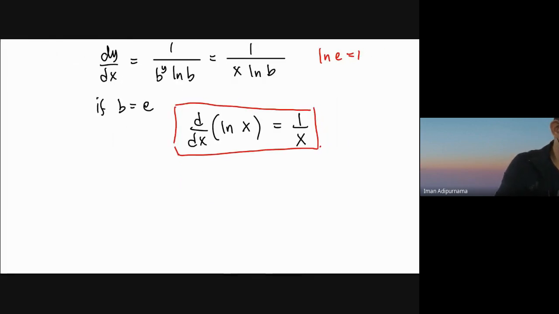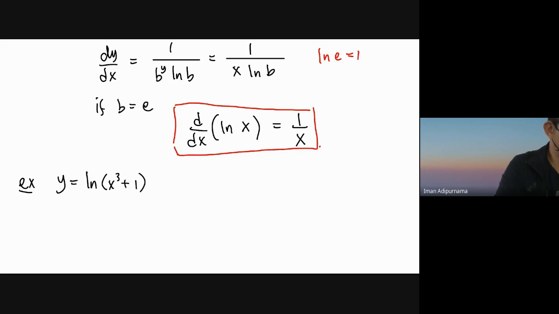So for example, you have y equal ln of x cubed plus 1. We can use the chain rule. Remember, this is the outside function, and this is the inside function.